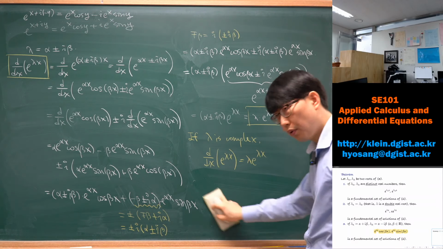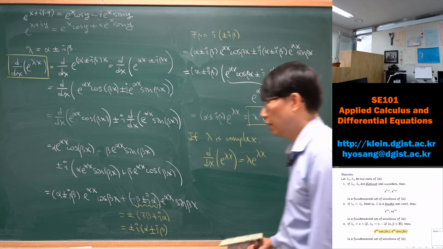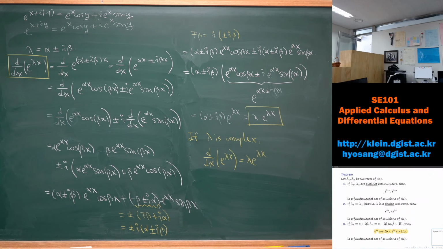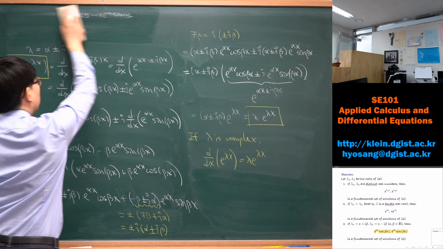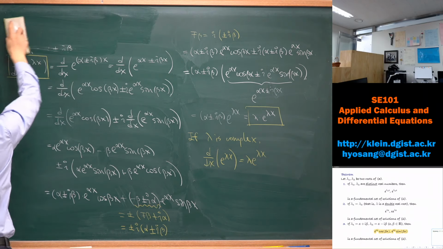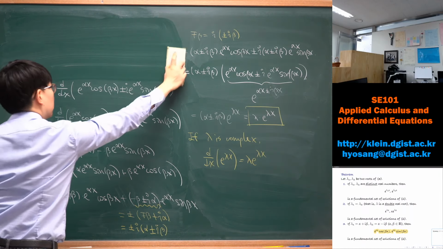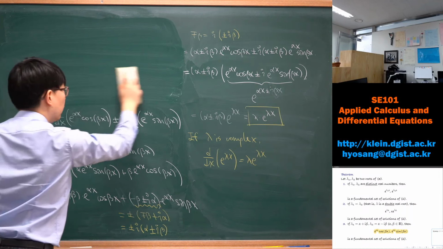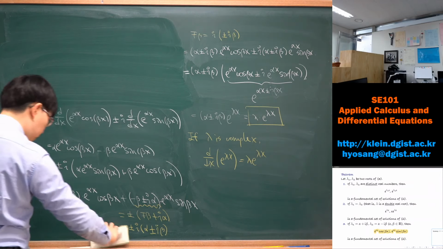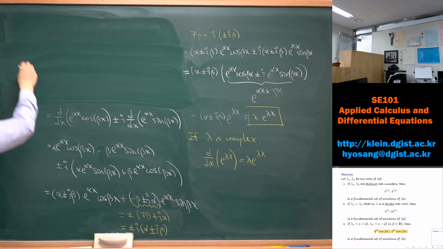So therefore, this is the reason why we have the third part of the theorem, because you can simply take your fundamental solution as the exponential function with a complex coefficient.